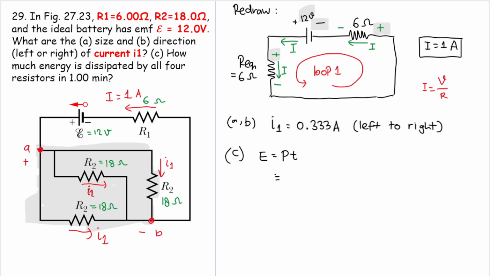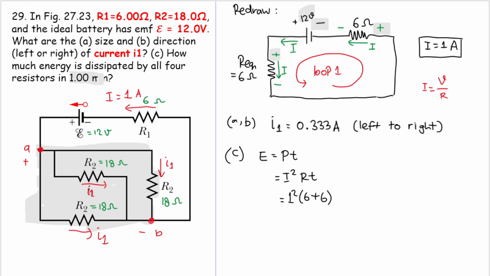So what is the power? The power is I squared multiplied by R, multiplied by t. Okay, and what is our I? 1 ampere. So I have 1 squared. And what is our R? Our R is 6 ohm and 6 ohm in series because we have all 4 resistors in here, right? So I will have 6 plus 6, and then time.